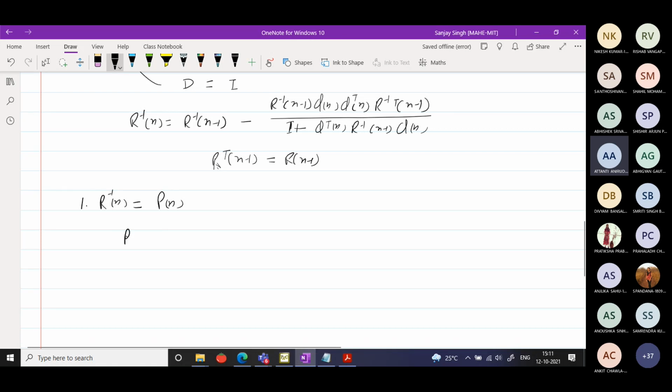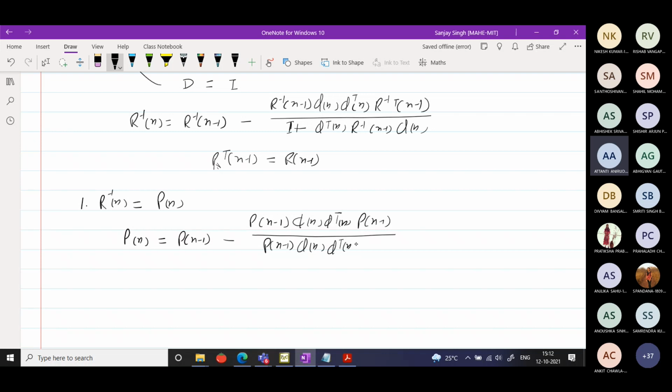So instead of inverse everywhere, we can say P of n equal to P of n minus 1 minus P n minus 1 phi n phi t n, and here of course again P n minus 1, and in the denominator we can just write it in this way: P n minus 1 phi n phi t n P t n minus 1.